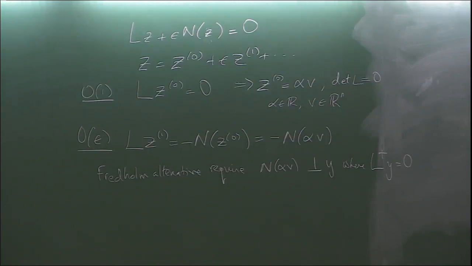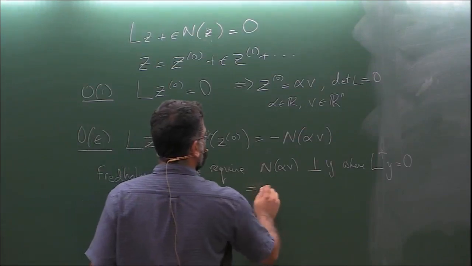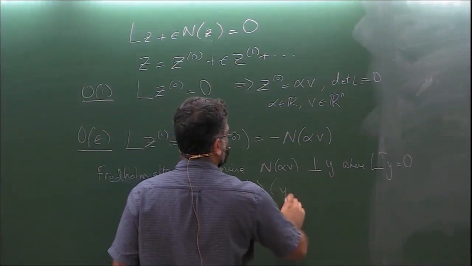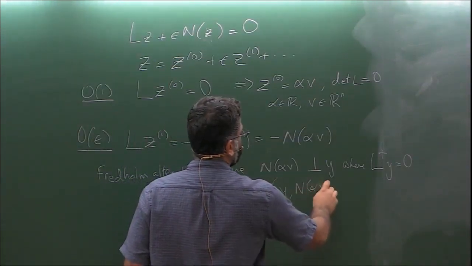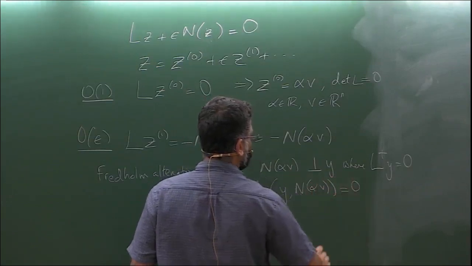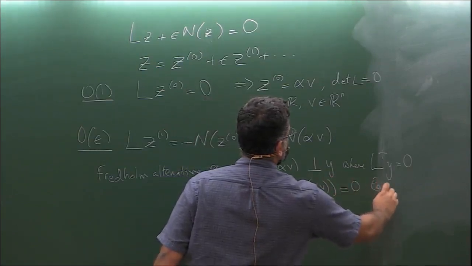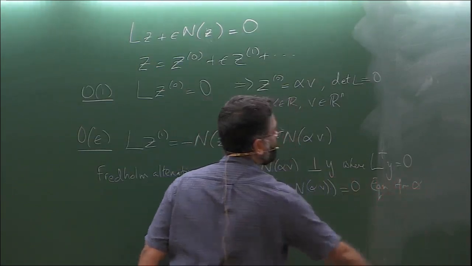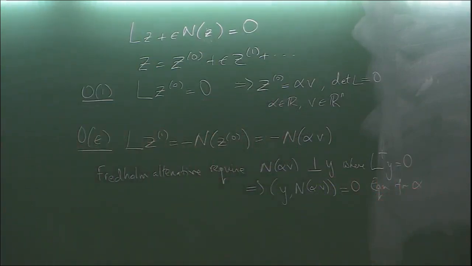Okay? So if you think about this, let's write it in the following way. This is an equation for alpha. Because you know V, you know Y, and then that's an equation for alpha. Okay, so that fixes alpha.